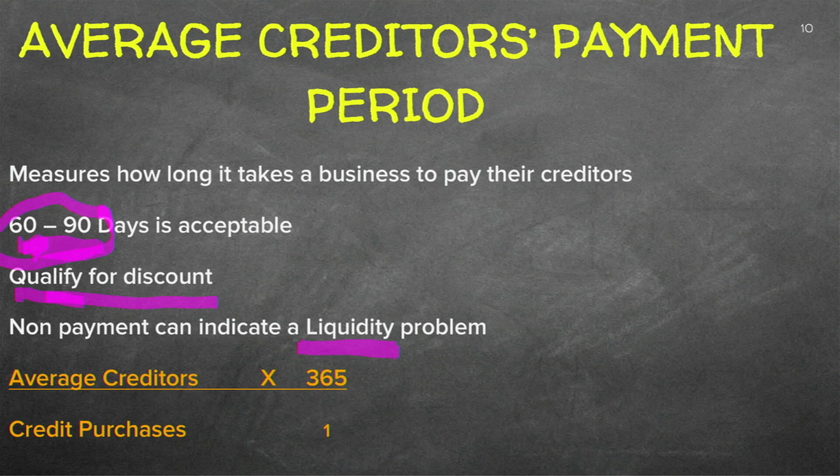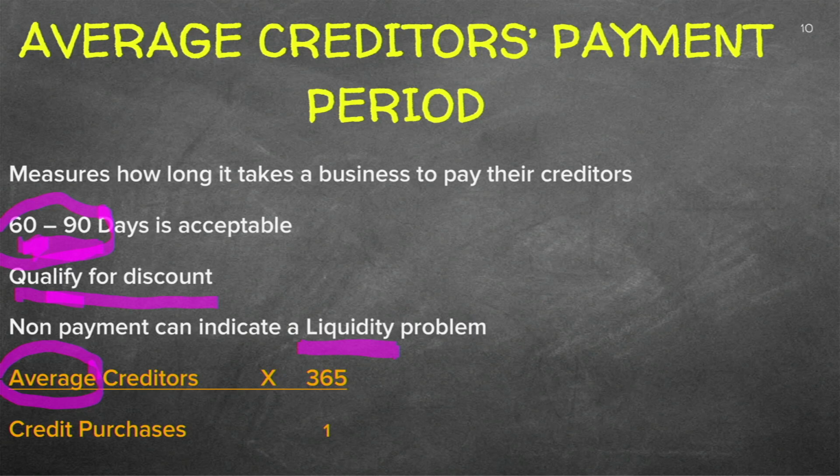Formula for calculating how long it takes us to pay our creditors is, again, going to be average creditors. I'm sure by now you have come to realize what average is, and I don't have to explain that to you again. So I'm going to say average creditors. Now, why have I got creditors?